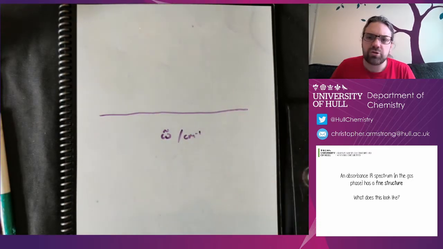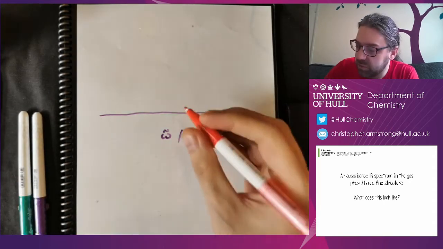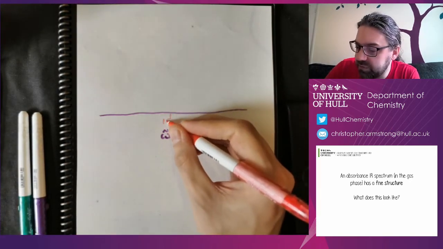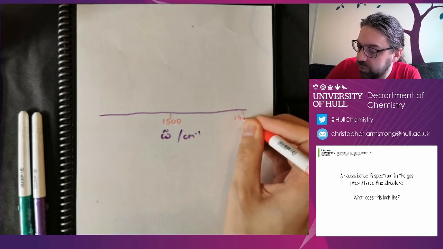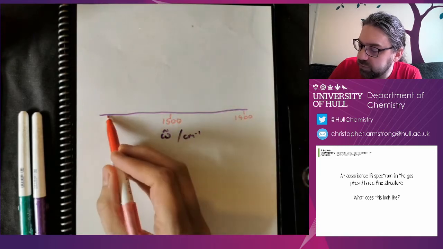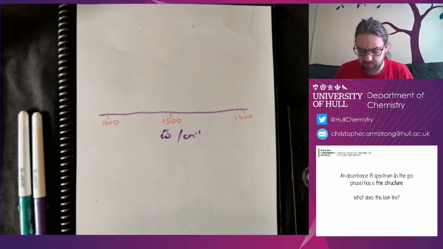This is the traditional standard way that we talk about infrared spectra. Let's center one at 1500, and over here I'll put 1400 and then 1600. So actually a quite tight region that we're looking at.